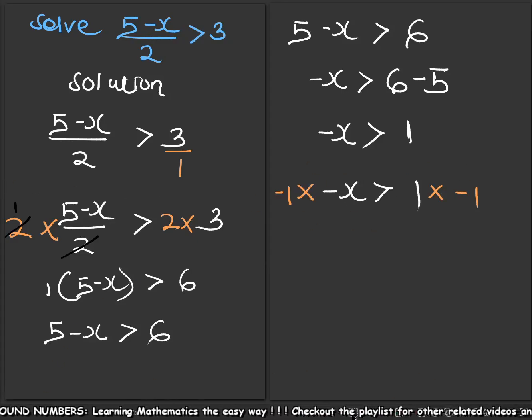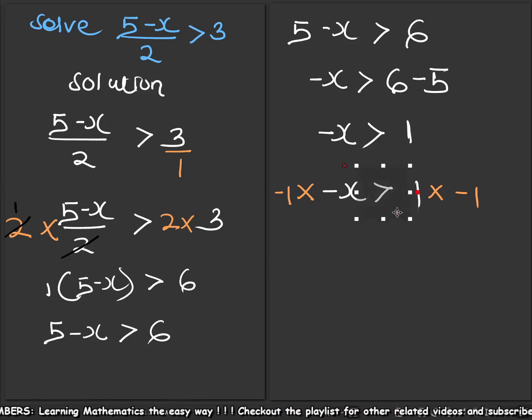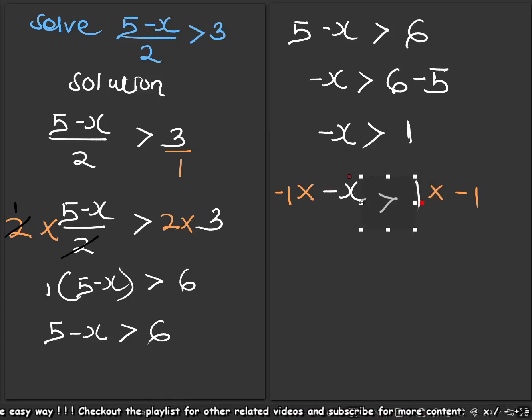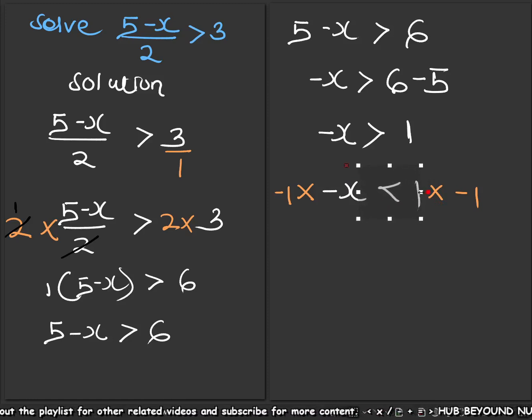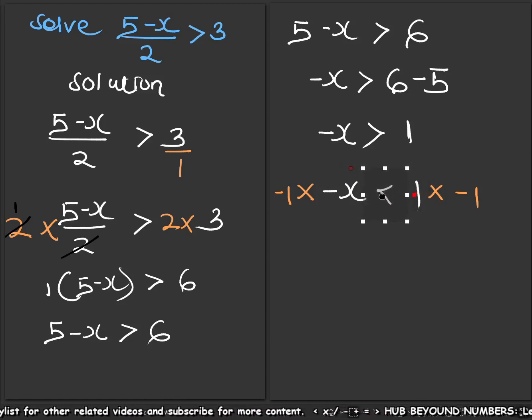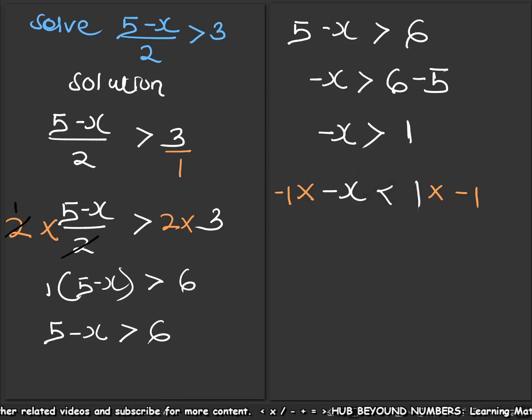And remember, when we began, I said anytime you multiply or divide by a negative, you have to flip your inequality sign, so that it no more becomes a greater than, but a less than.